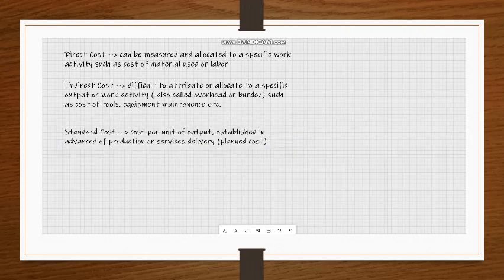And the last one is incremental cost, which is gradually increased cost. Let's define it.